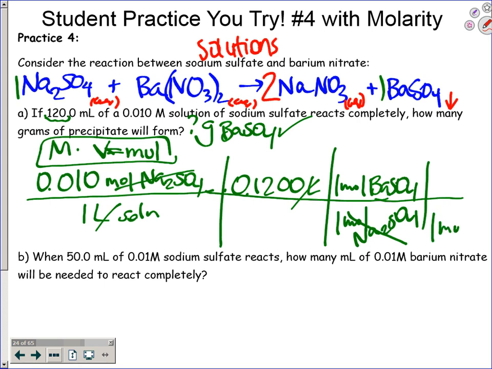So 1 mole of barium sulfate, anybody got that molar mass? 137.33 plus 32.06 plus 64. What is that? That sounds great. 233.34.